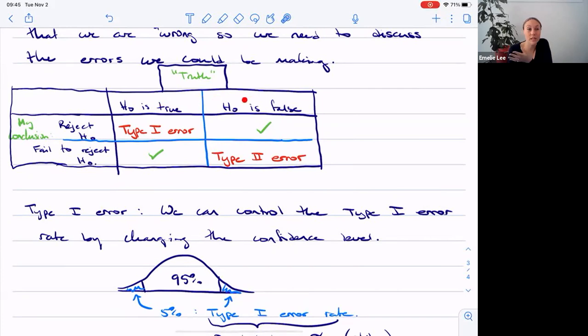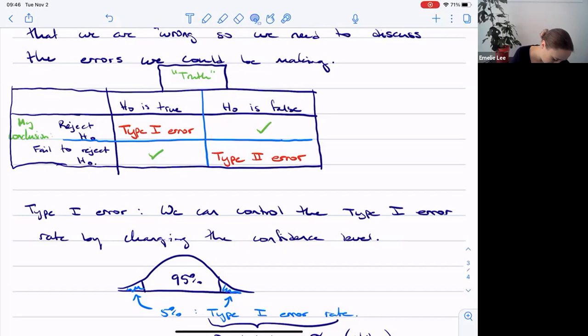There is some truth and we don't know what it is. Two parties argue their points, and we have to make a decision. Let's say we're jurors. We either say this person is guilty, or not guilty. But there are mistakes that can be made along the way.